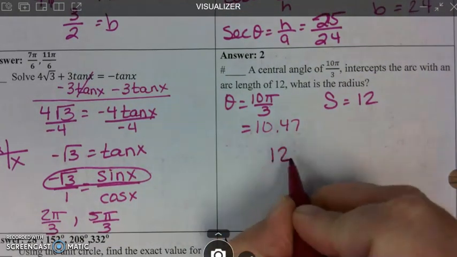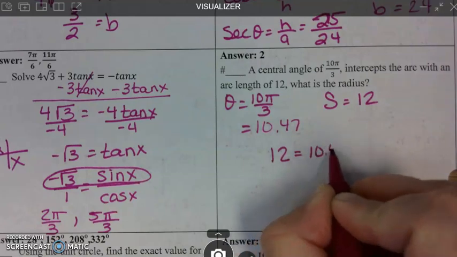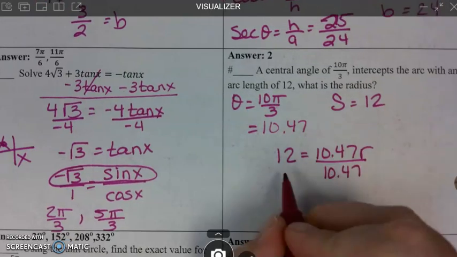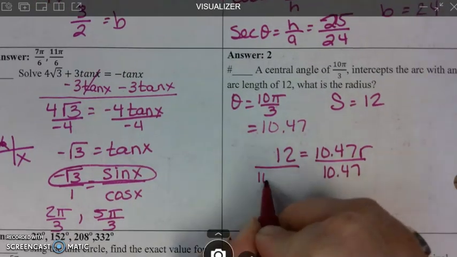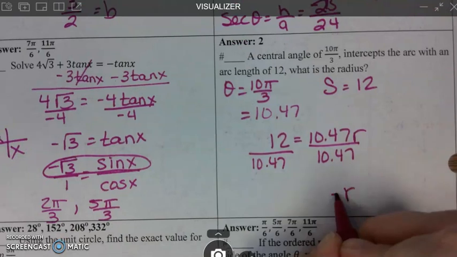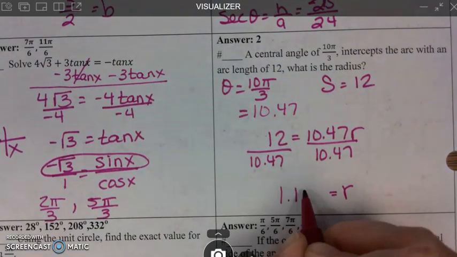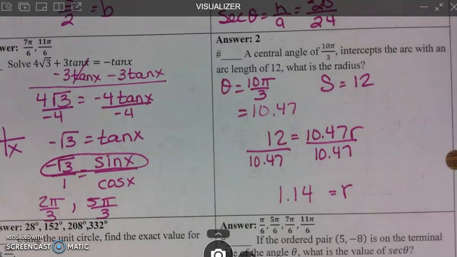So this is 12 equals 10.47r. Divide, because we're solving for r, by that 10.47 number. So 12 divided by 10.47, and we'll get 1.14.